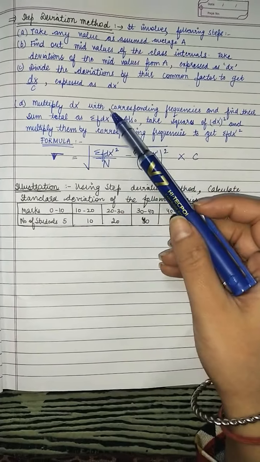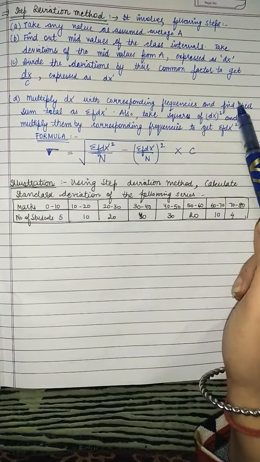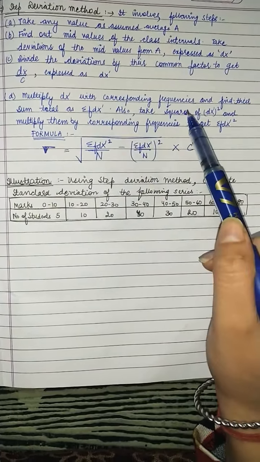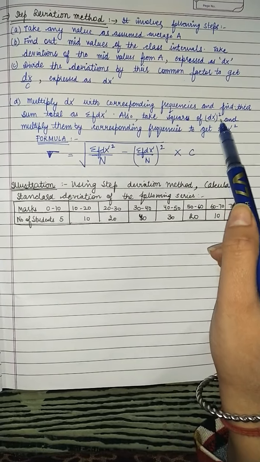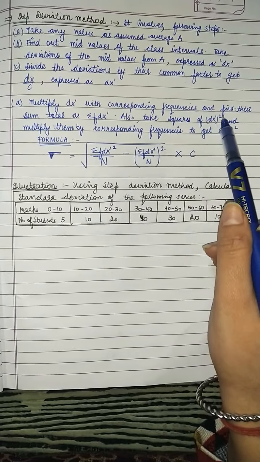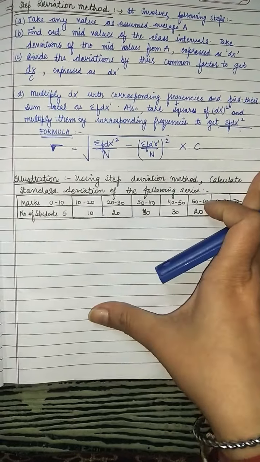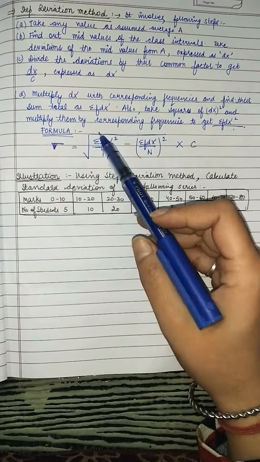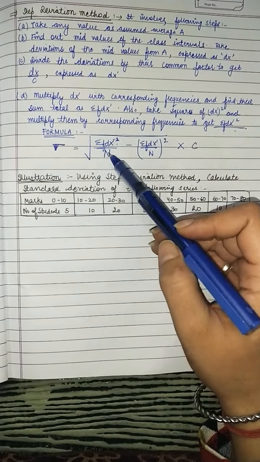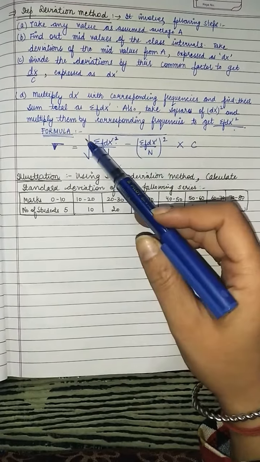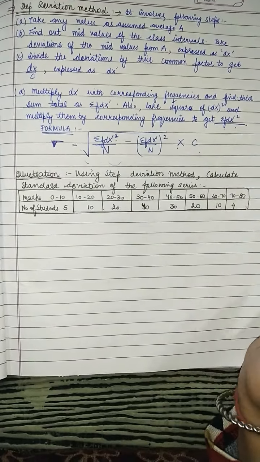Multiply dx dash with the corresponding frequencies and find their sum total as summation of f dx dash. Take the square of dx dash, that is dx dash square, and multiply it with f. We are having summation of f dx dash square. The formula for the same is summation of f dx dash square upon n minus summation of f dx dash upon n the whole square. Overall under root is there, multiply with c.